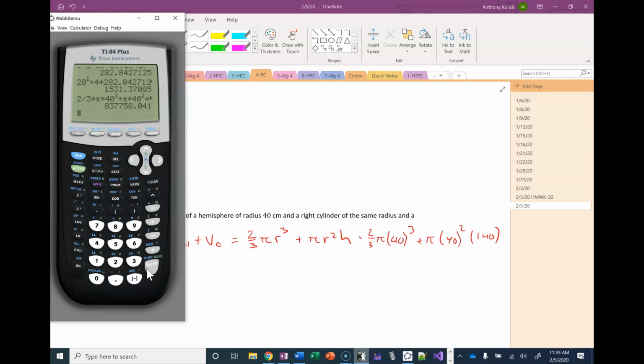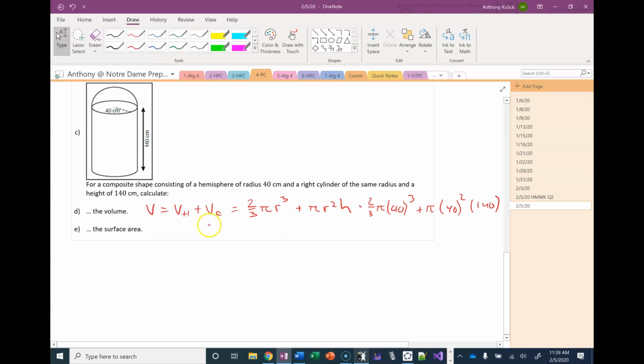That gives me that monster number there, which is 837,758.04 centimeters cubed. Kendall, are you okay there?